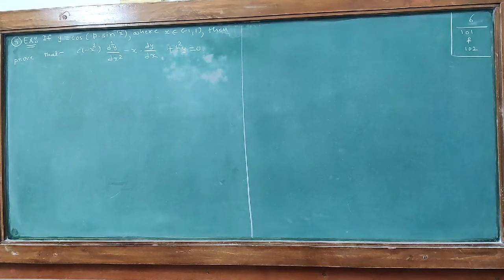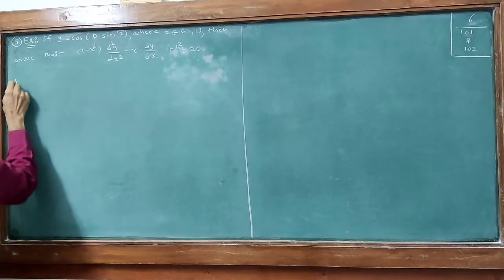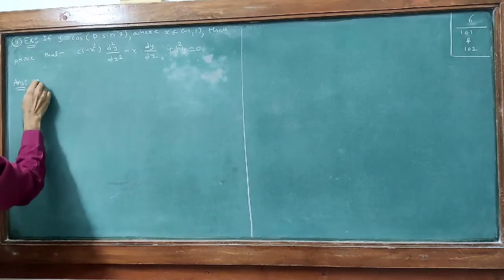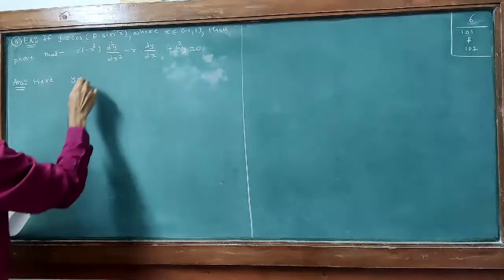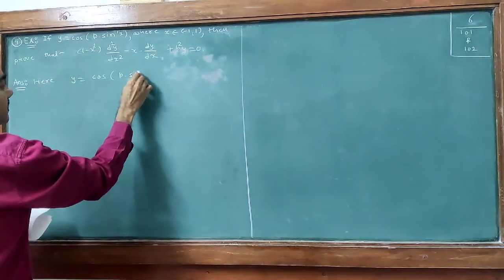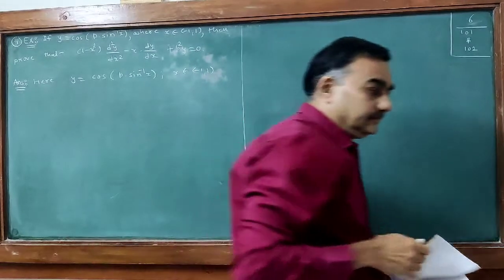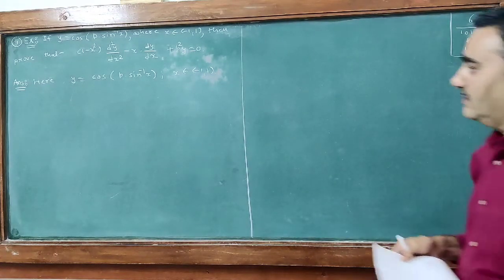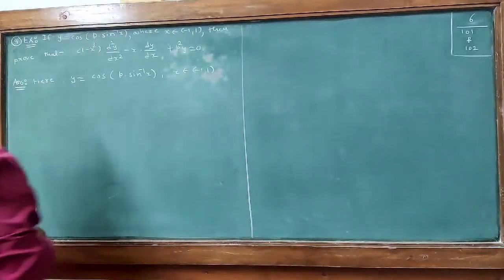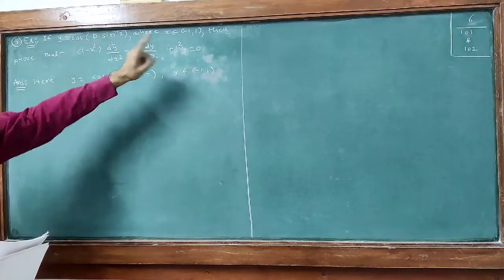There is one sum on the board. Answer. Here y equals cos(p sin inverse x), where x is in -1 to 1.